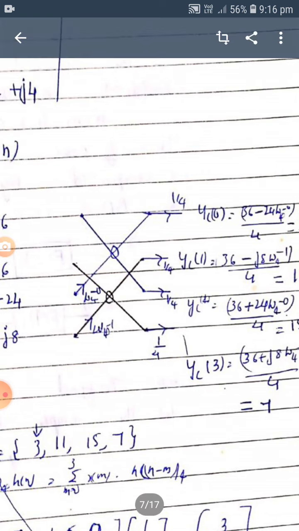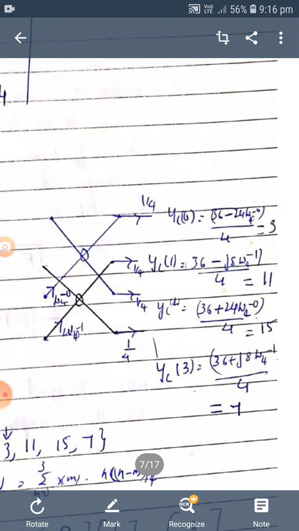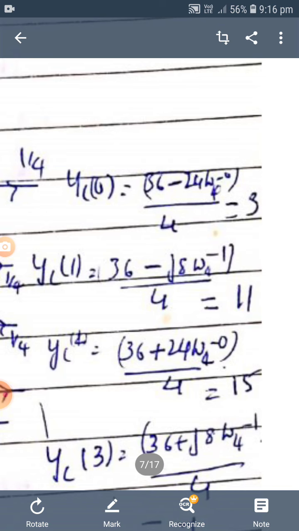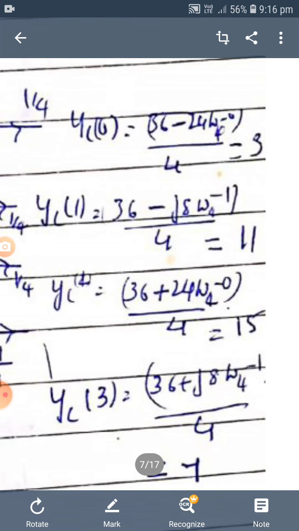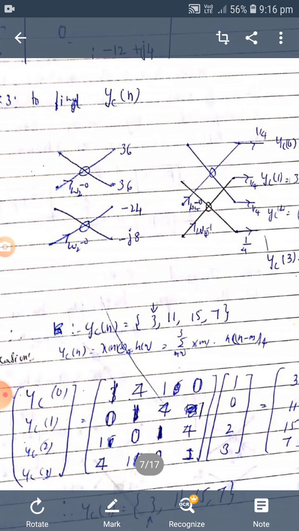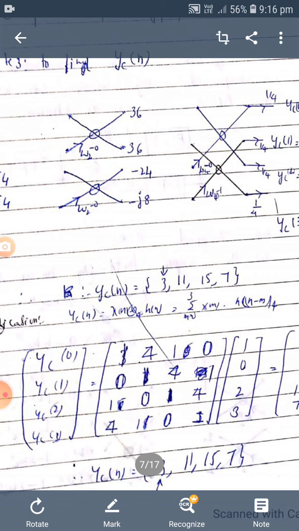For example, first line, then Yc of 0 will be 36 minus 24 divided by 4, that is equal to 3. Then second stage output will be 11, then 15, last it is 7. You can verify this answer using the matrix method.